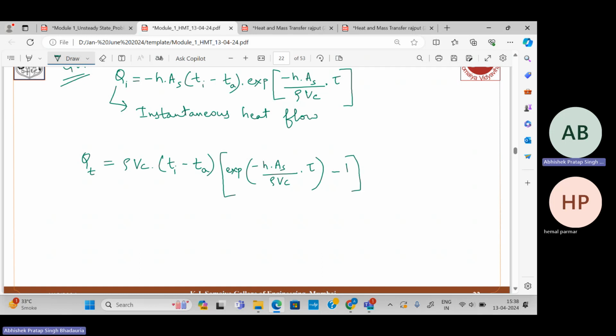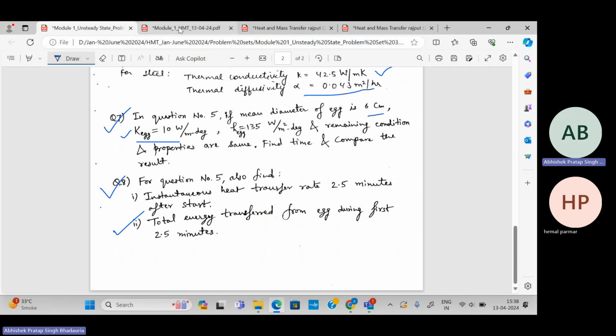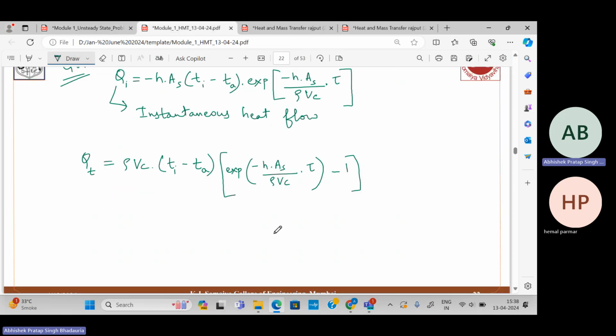So this is the expression for calculating total heat energy.